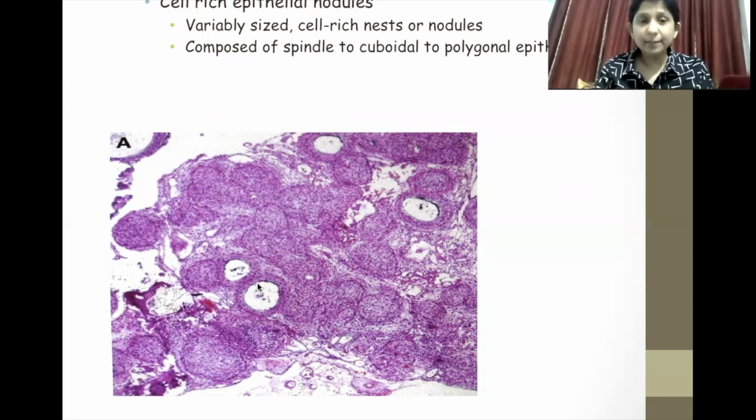And the basement membrane would slightly be thicker and it will look like a very dark pink colored ring. That's called a hyaline ring. I'll come to that later. And you will find a lot of solid islands as well, where there is no luminal formation. All these islands are differently sized, but there is some uniformity in that you find similar kinds of cells. Somewhere they are arranged in the form of ducts and some of them are just cell-rich nodules or solid islands.